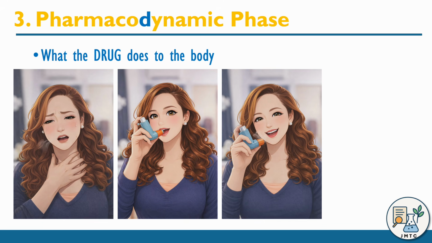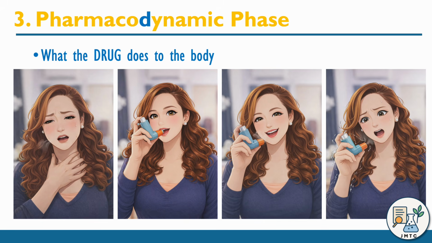But after that, she feels hand tremors and palpitations. So why did the inhaler work so fast? But why did Kikai experience tremors? Is this an intended effect or a side effect? To answer this, we need to understand pharmacodynamics, what the drug does to the body.